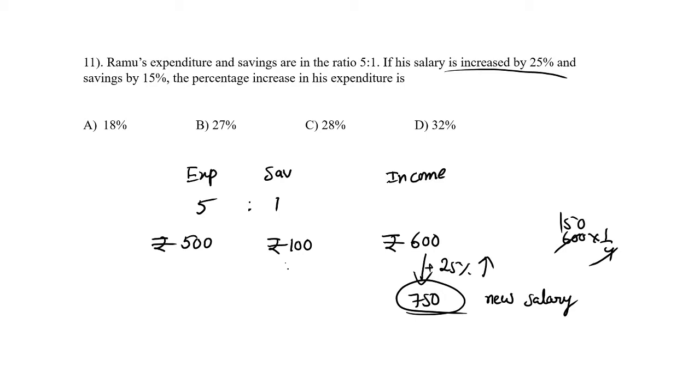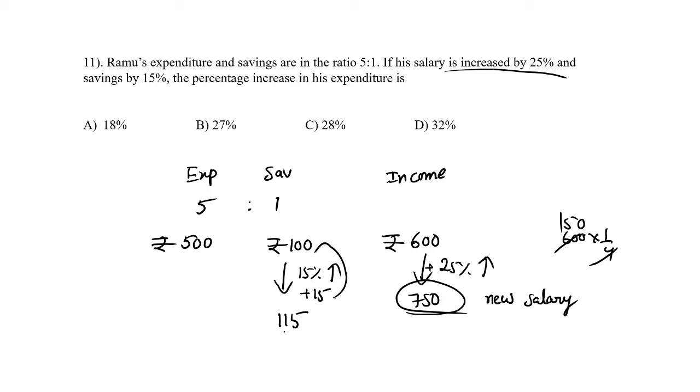Savings increased by how much? 15 percentage on this 100 means the value is 15 only. Add this 15 to this 100. So the new savings value is 115. Then what is the question? The percentage increase in his expenditure.